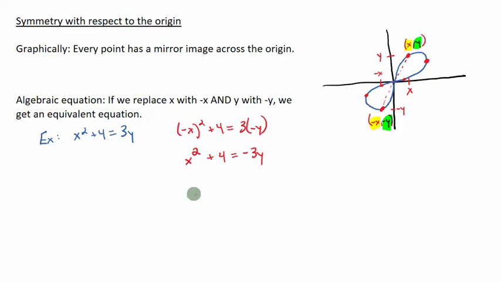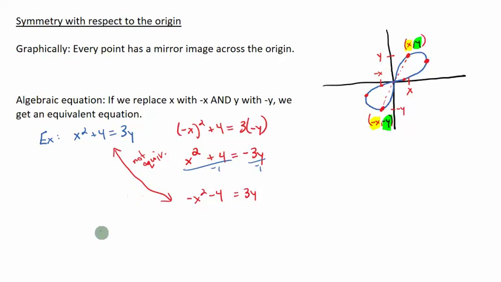And like an example we did earlier, to see if these are equivalent, let's at least make the right sides match. So I need to change negative 3y to positive 3y, so I'll divide both sides by negative 1. That gives me on the right positive 3y, and on the left negative x squared minus 4. We can see now the right sides are the same, but the left sides are not, so these are not equivalent.